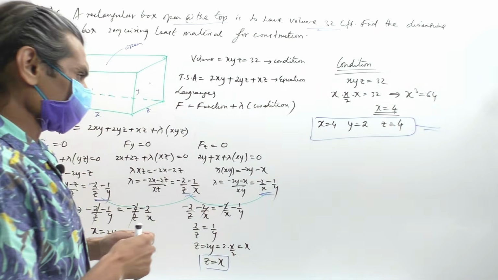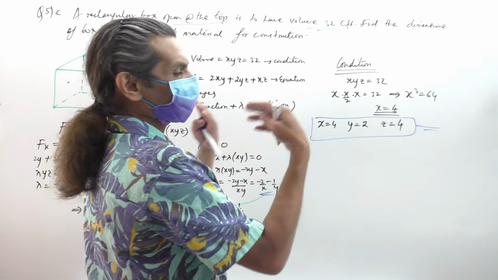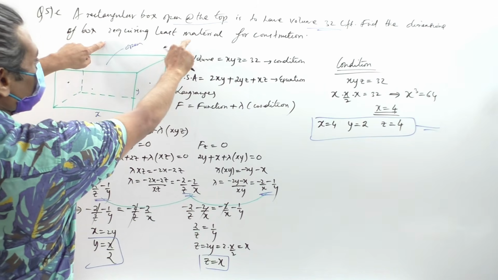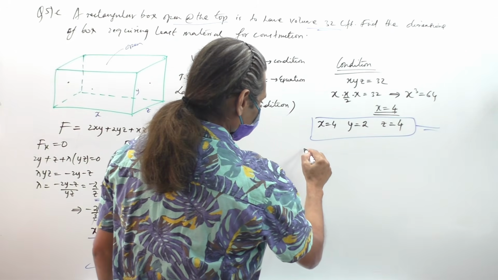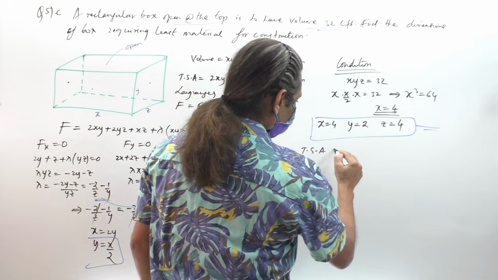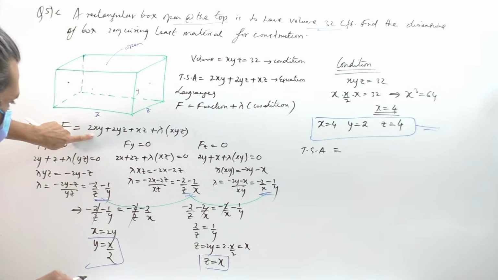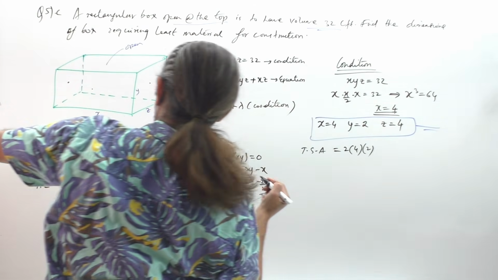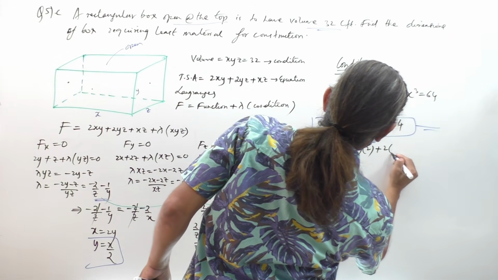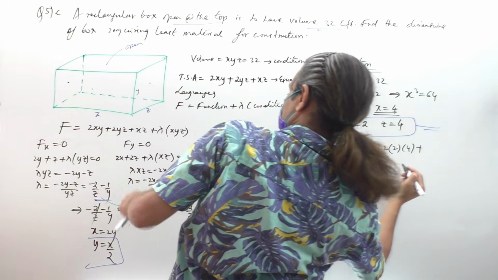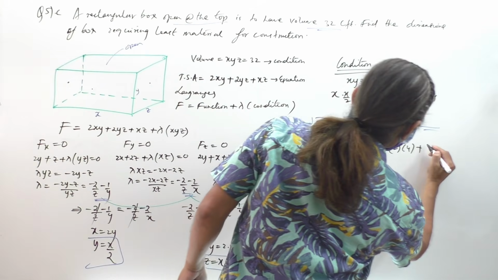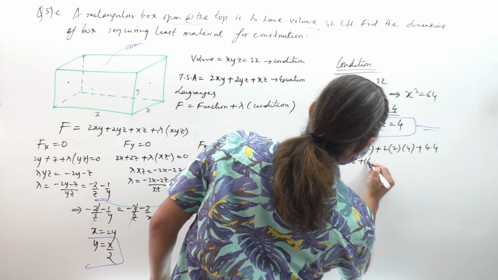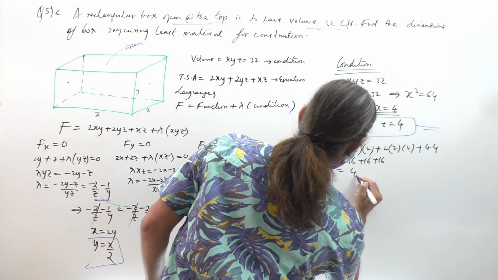That's all. So these are all the values which we obtained. Now from these values we will give the extreme values, the maximum or minima. The question is asking to find the dimension of the box requiring least material for construction. Therefore total surface area is equal to 2 into xy, 2 into 4 into 2, plus 2 into yz plus 2 into xz, 4 into 4. That is 16 plus 16 plus 16, that is equal to 48.